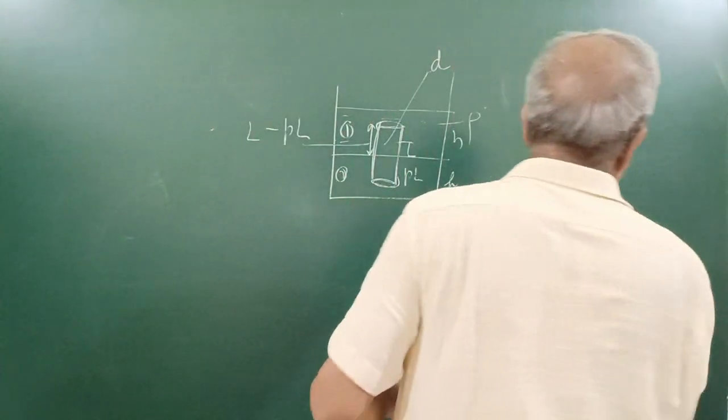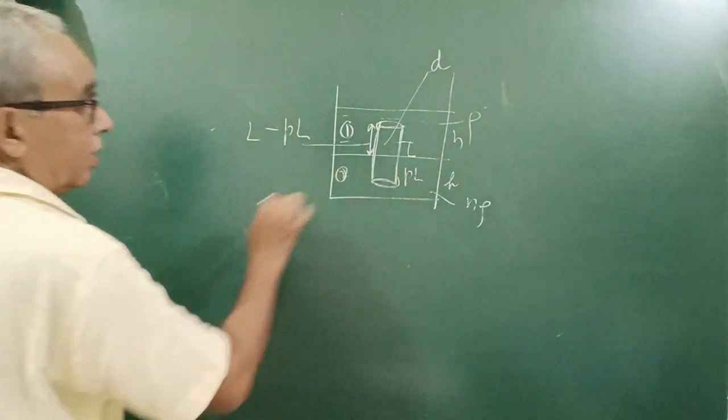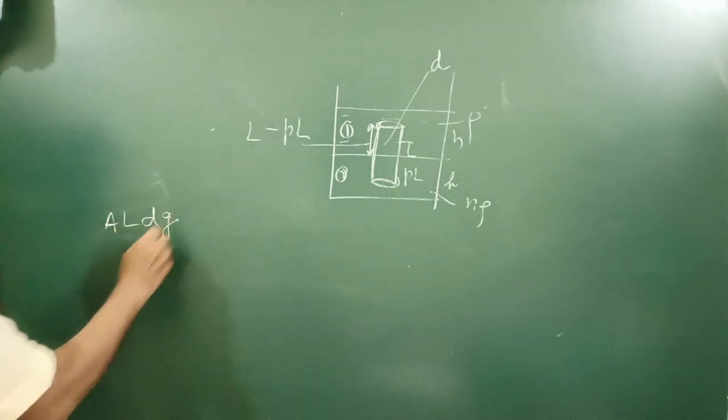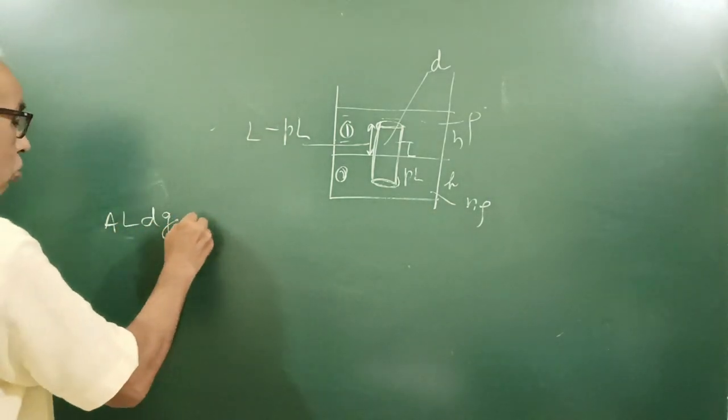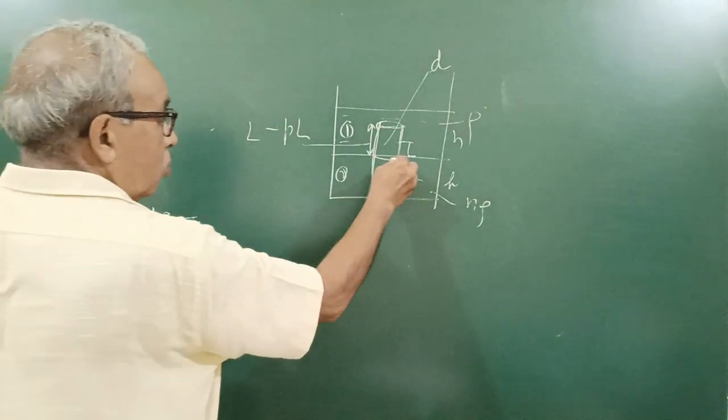So very simple. This area is A, suppose. A L D g is the weight of cylinder. It is equal to weight of this liquid displaced.